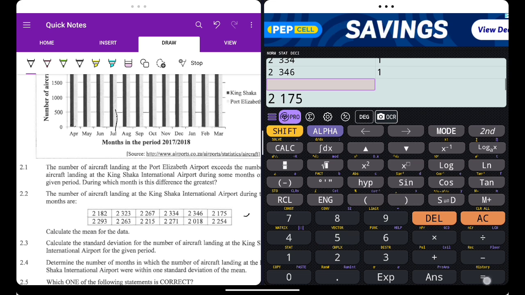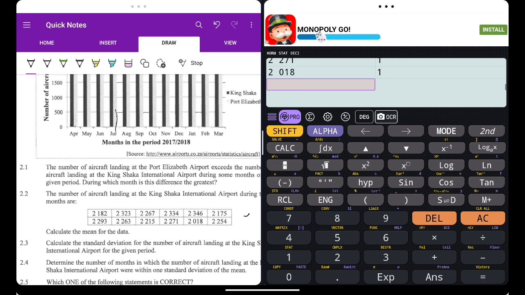Then we have 2175 then equals, we have 2293 then equals, we have 2263 equals, 2215 equals, then 2271 equals, then 2018 then equals, then 2254 equals.